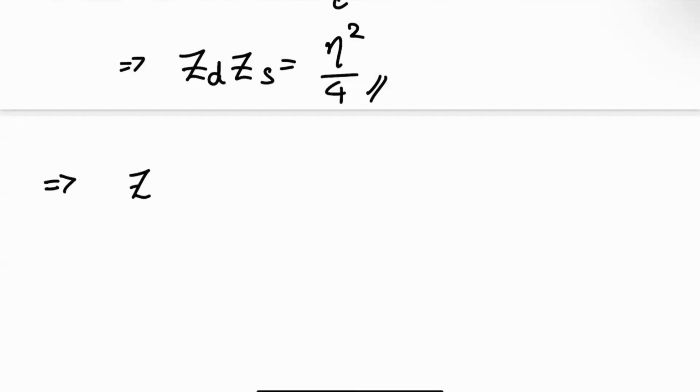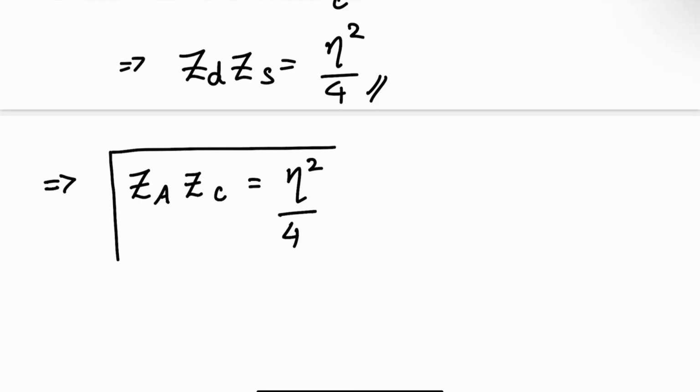Which means that Z_A and Z_C, where I have an antenna and I take its complementary antenna, the product of their input impedances would always be eta squared over 4. This is a very, very, very important, practical, useful relationship.